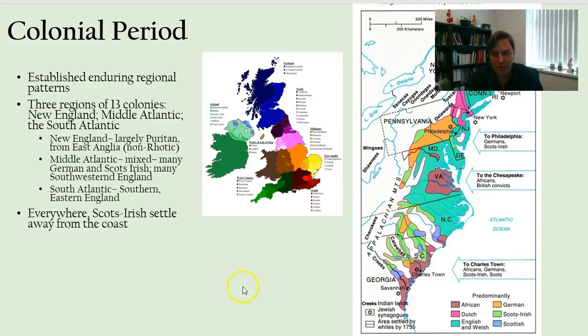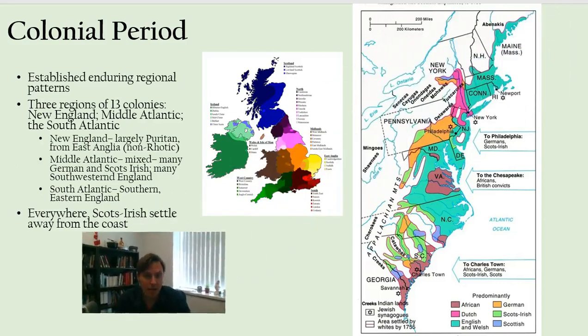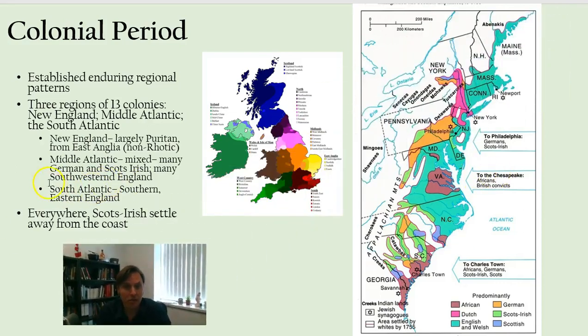So let's look very quickly at the colonial period again in just a little bit more detail, because it established enduring regional patterns. The different accents that we find differentiated along the East Coast are based in part on the different accents that we find in England.